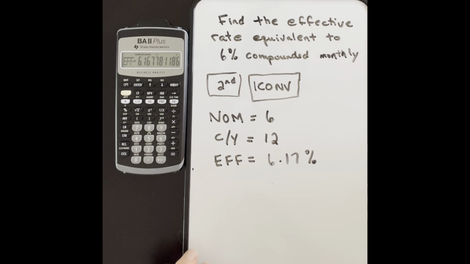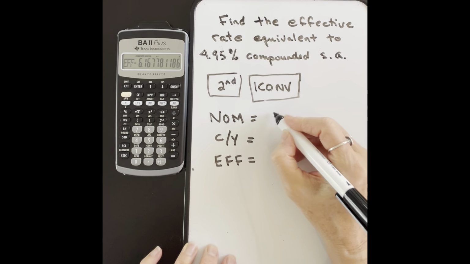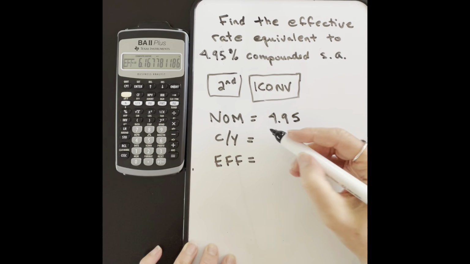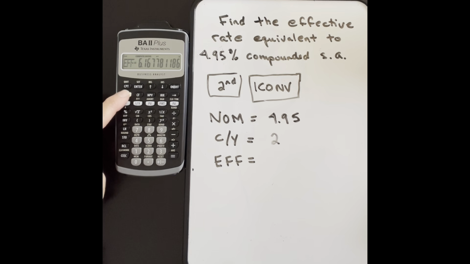Let's do a few more examples. Our next example says find the effective rate equivalent to 4.95% compounded semi-annually. So our nominal rate is 4.95. If it's compounded semi-annually, that means there are 2 compound periods per year, and we're going to find the equivalent effective rate. We can clear this, go second function clear, so that clears our work.